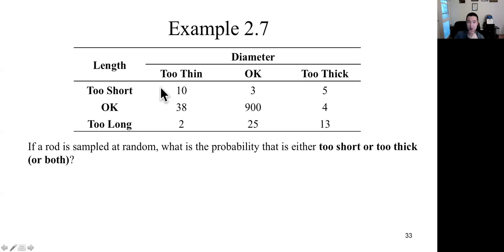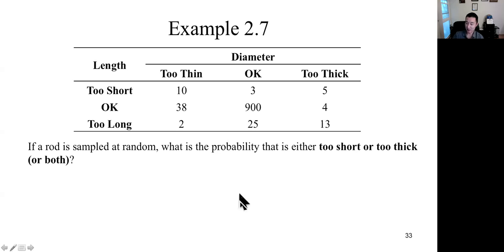Okay, so P(too short) including, as we just discussed, 10 plus 3 plus 5 divided by 1,000. Similarly, P(too thick) is equal to these three added together divided by 1,000. So that is 5 plus 4 plus 13 divided by 1,000.